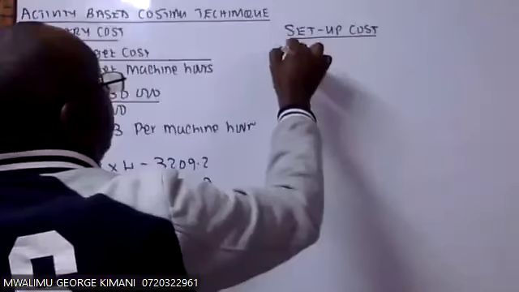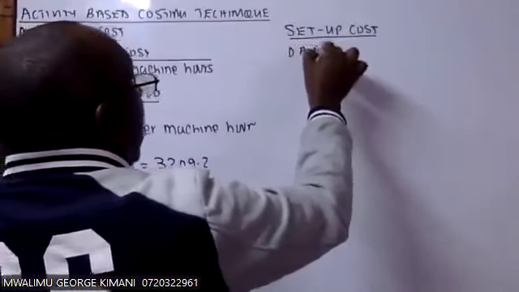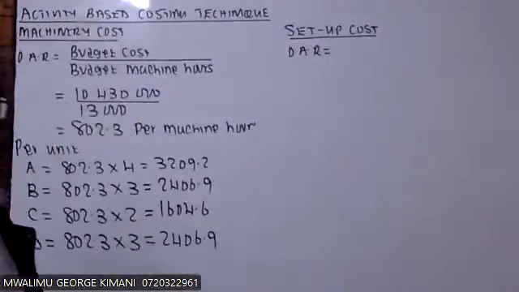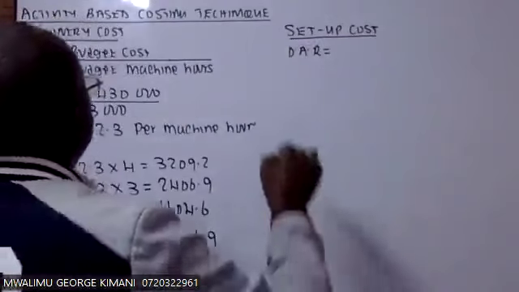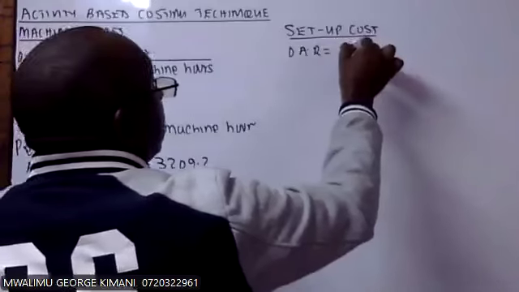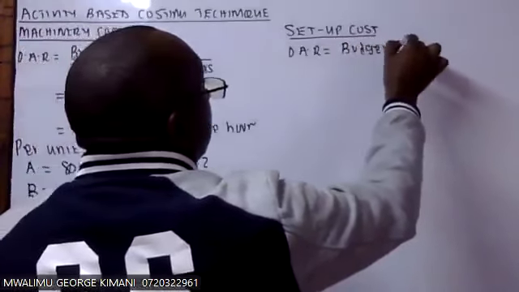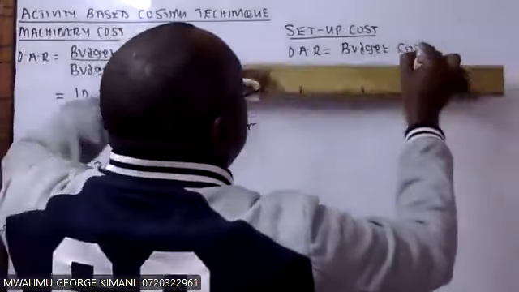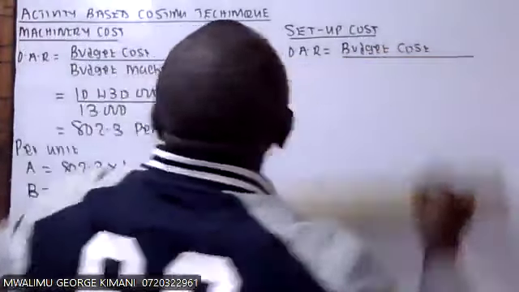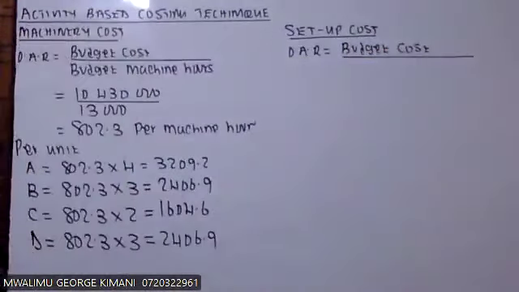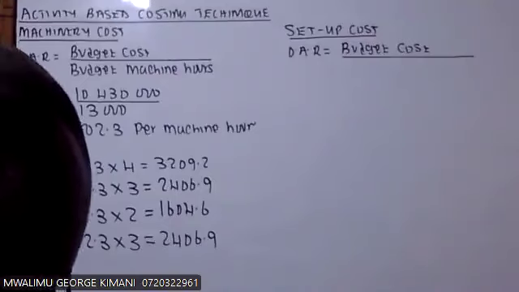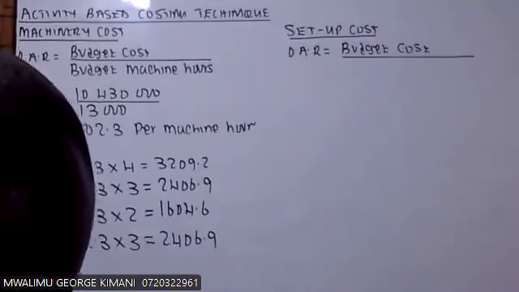Now for the setup, once again, we get the OER. So the OER will be budget costs, you divide this by budget production runs.